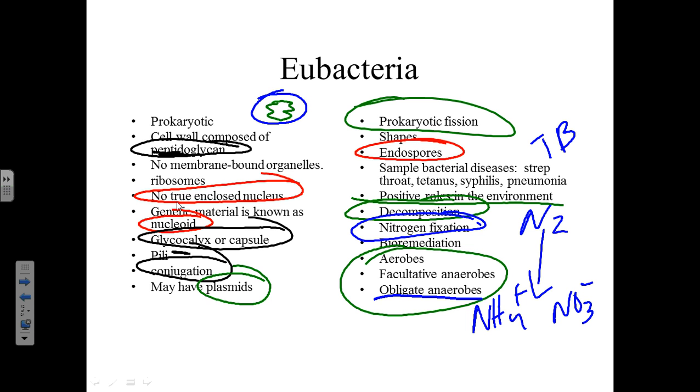The opposite of that are called obligate anaerobes. That means they completely do what kind of respiration? Anaerobic. It means oxygen is actually toxic to them. They can't be around oxygen. Some bacteria are a little bit more flexible. They can do aerobic or anaerobic respiration. That means they can do either one. Facultative anaerobes.